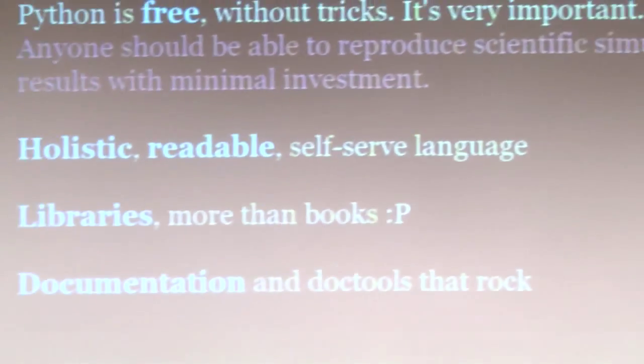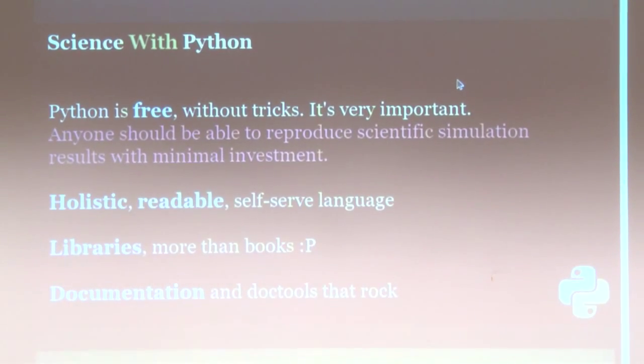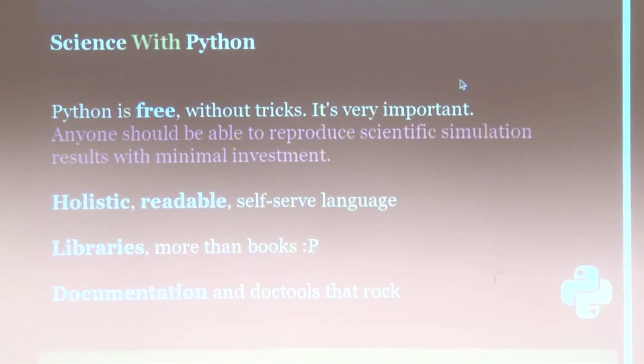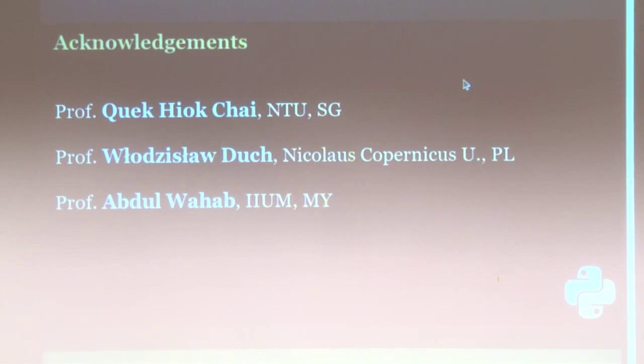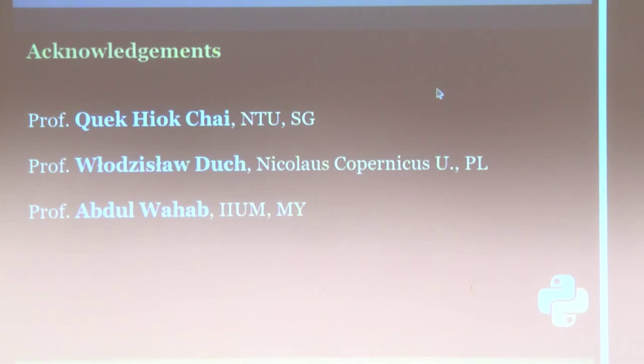So I think that Python is a very good candidate for a unified language of science, at least of computational neuroscience. And I think other people also think that because all these simulators are starting to have good Python bindings.